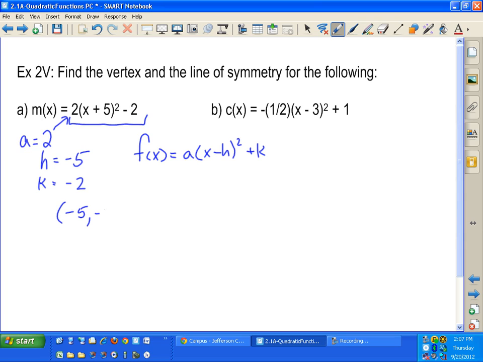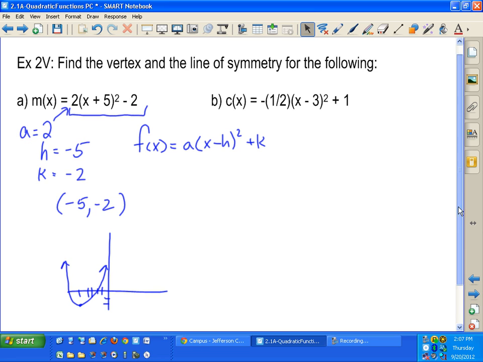Now, if I was to quickly sketch a graph of that, I would be going back 5 and down 2 to get the vertex of my parabola, and from there I could sketch my parabola something like this, probably.